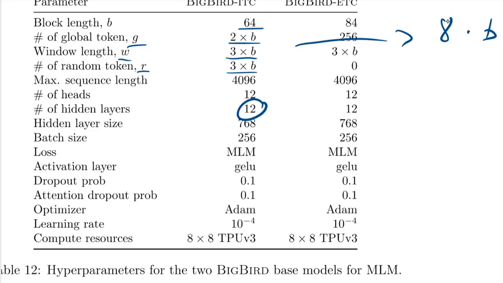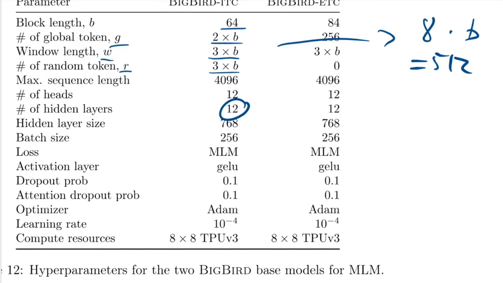So 8 times 64 is, can I calculate this? It's 512, yes. I actually calculated this before. So this is 512 tokens. So you go from BERT that has 512 tokens and attends to 512 tokens to also attending to 512 tokens.